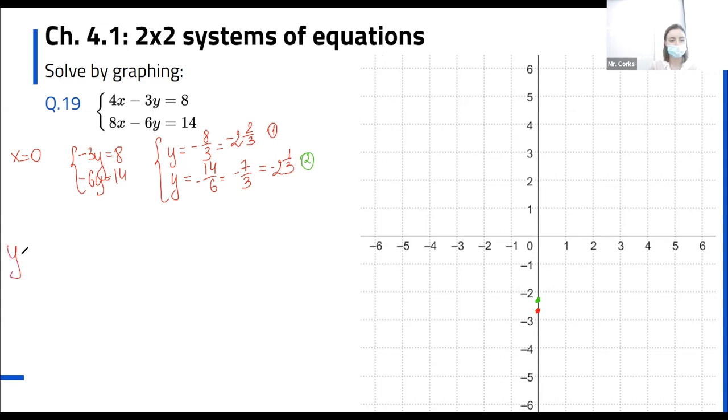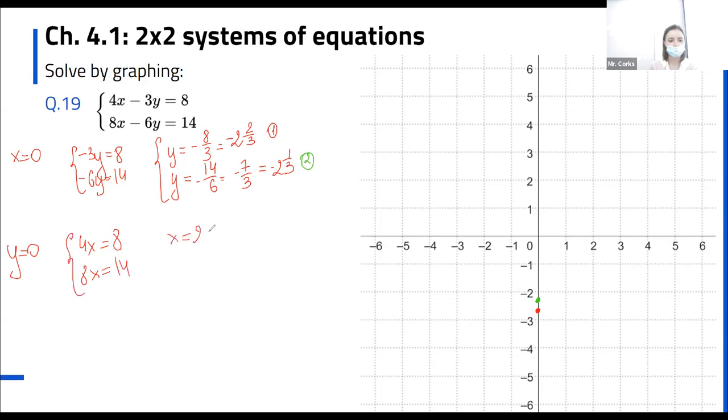For the y part, for y equals 0, we have 8x equals 8 and 8x equals 14.